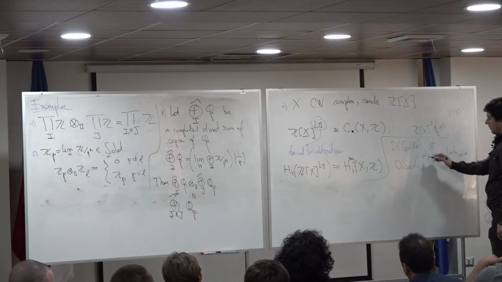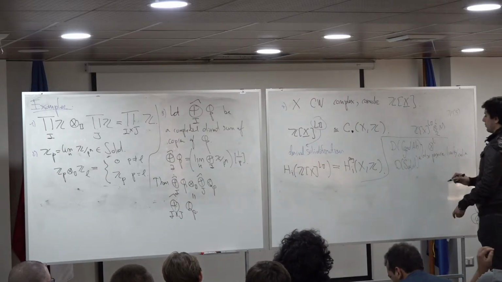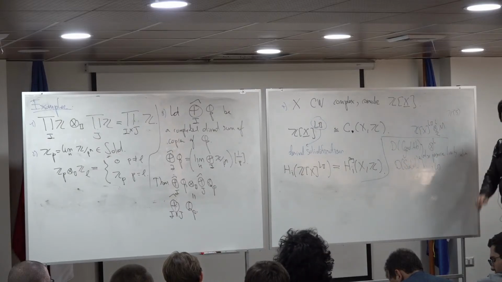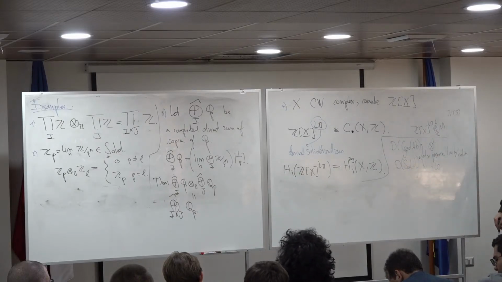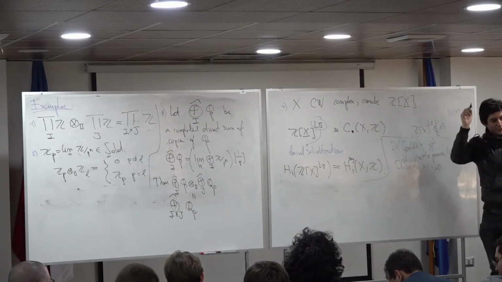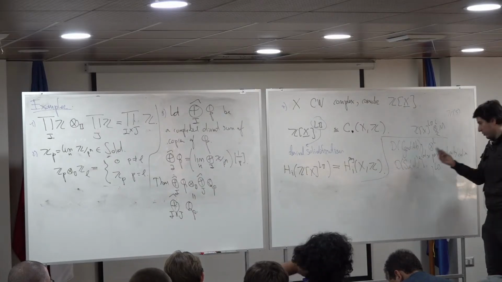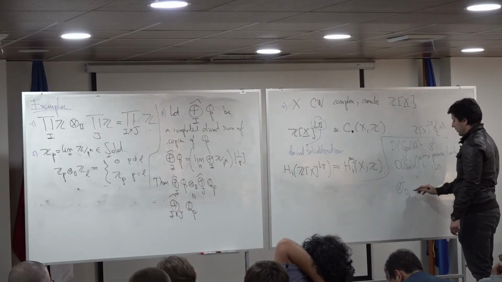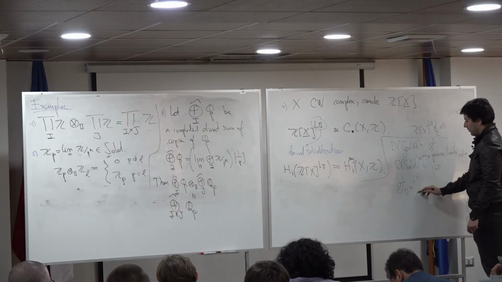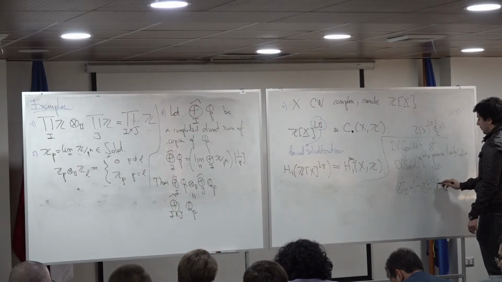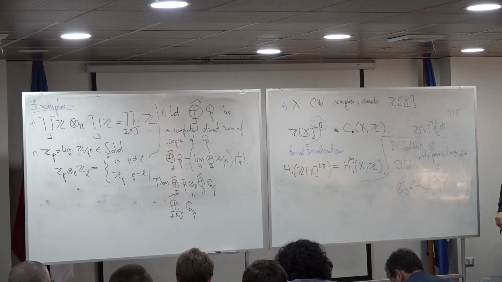So it's going to have a left adjoint that is going to be precisely the derived left functor of the solidification. And similarly, as we define the solid tensor product as just the completion of the algebraic tensor product, you will be able to define this one just by taking the derived algebraic tensor product and taking the solid completion. And this is going to give you the derived solid tensor product.